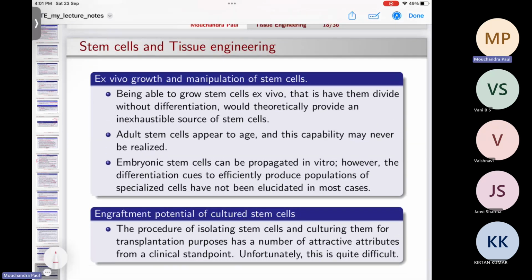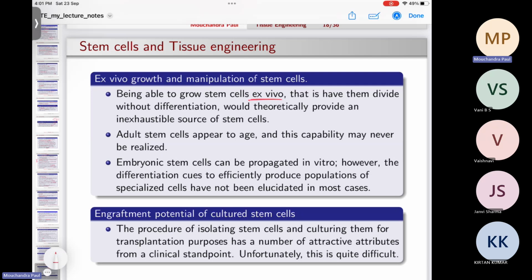Now, ex vivo growth and manipulation of stem cells. Ex vivo means you have taken the cells out of the body and are growing them. You can grow these cells ex vivo, but it is a bit difficult, because what I have observed in our lab is that these stem cells, after a few passages, start differentiating on their own, even if we didn't supply anything different to the culture media.